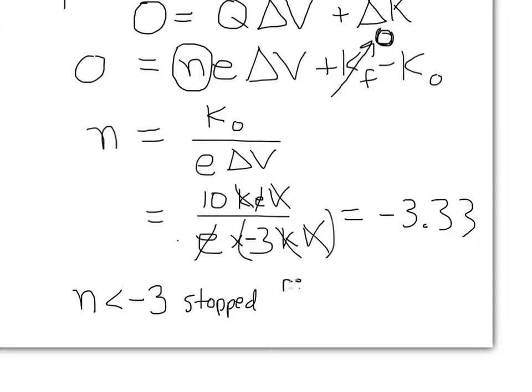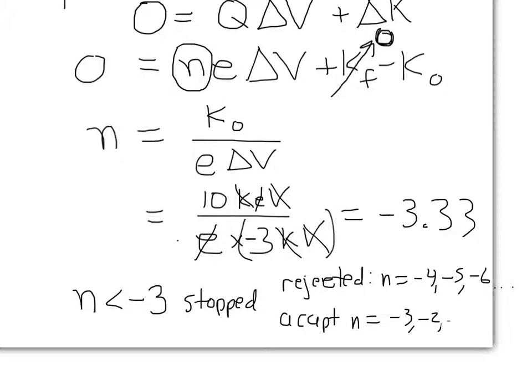So the rejected proteins will be the ones with n equal to minus 4, minus 5, minus 6, etc. And the accepted ones will be n equals minus 3, minus 2, minus 1, 0, 1, etc.